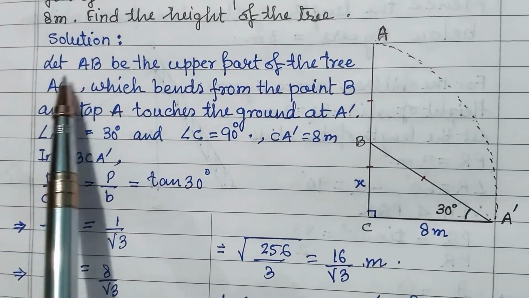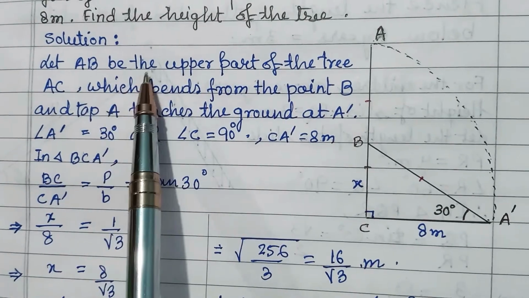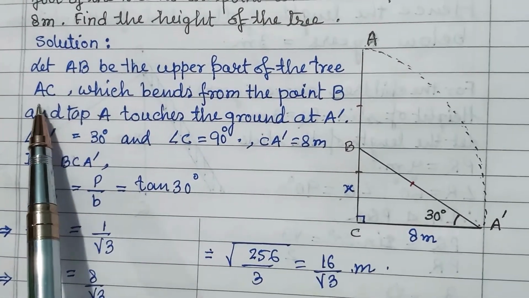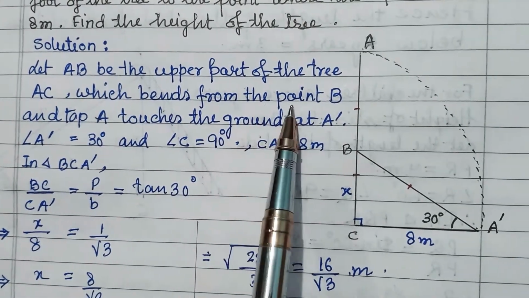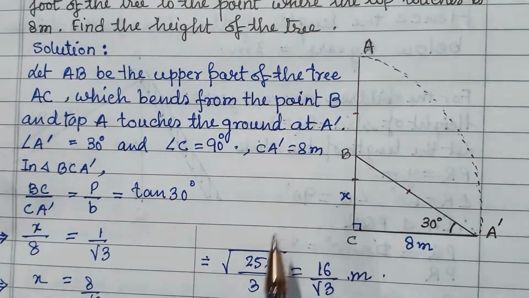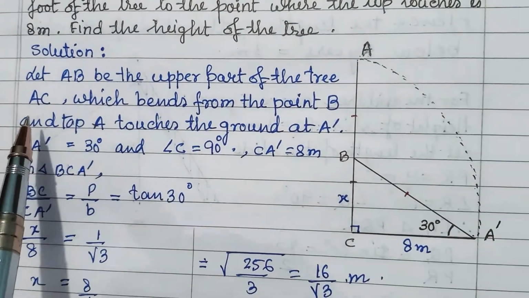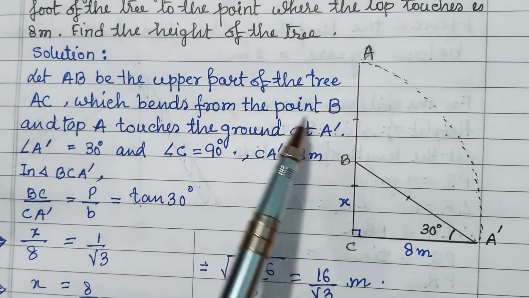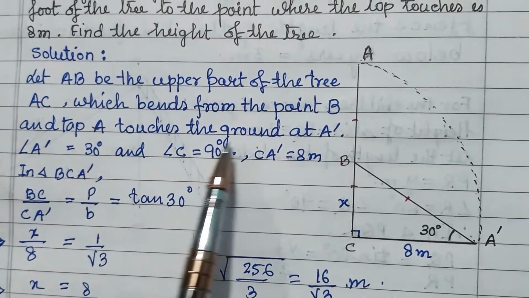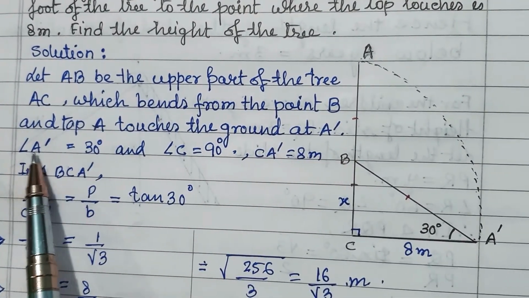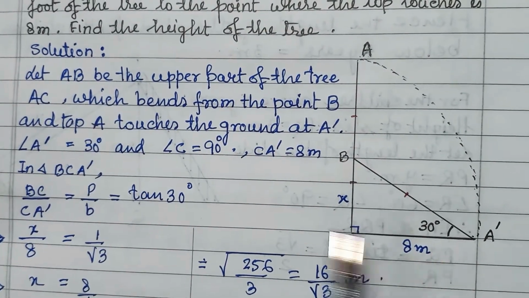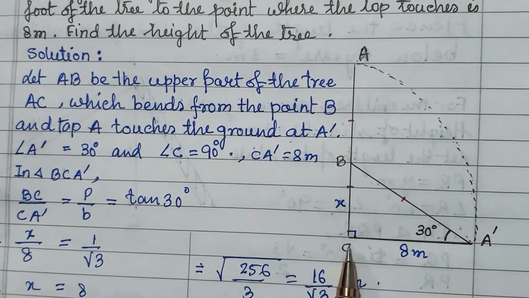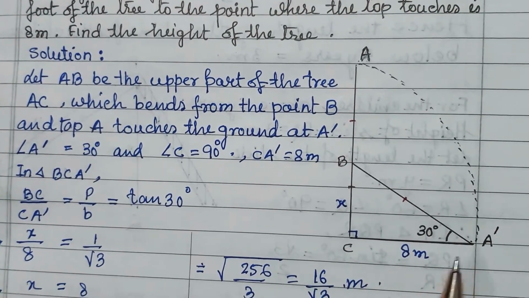The tree is AC which bends from the point B and the top A touches the ground at A dash. Angle A dash is 30 degrees and angle C is 90 degrees. A dash C is equal to 8 meters.